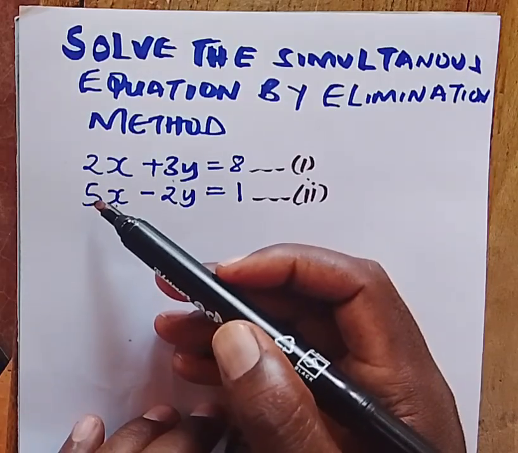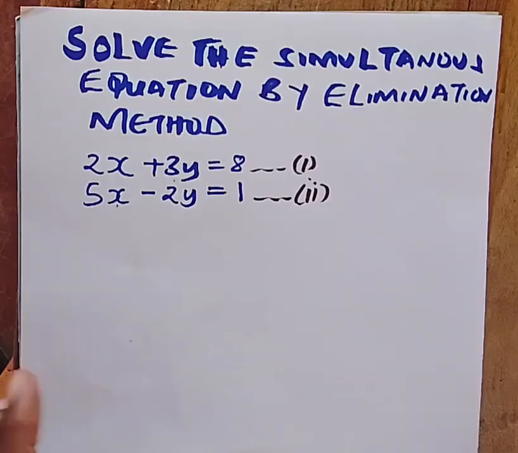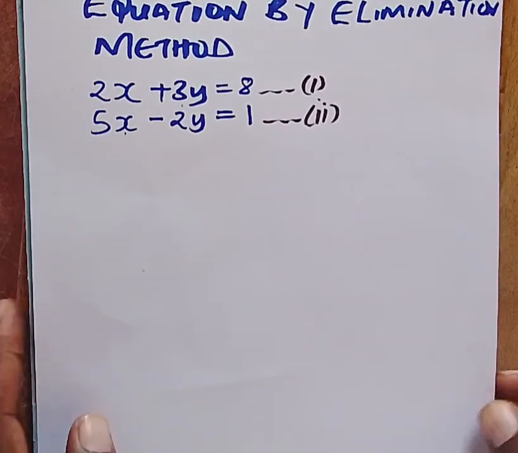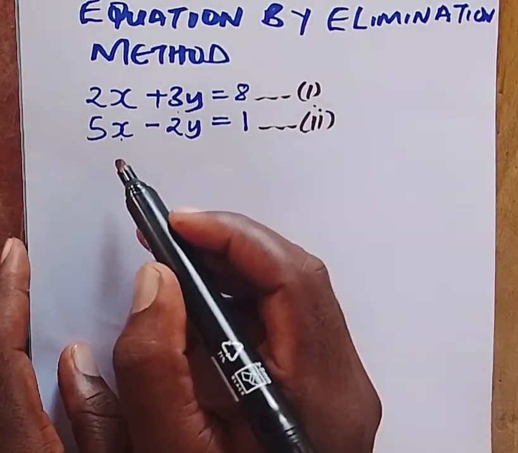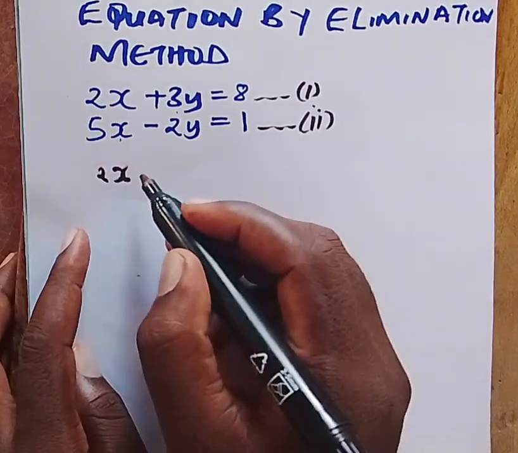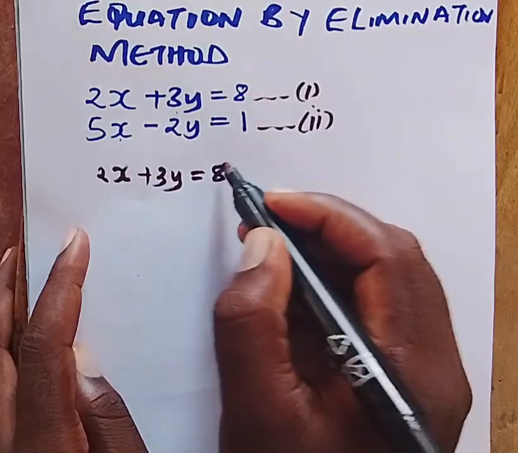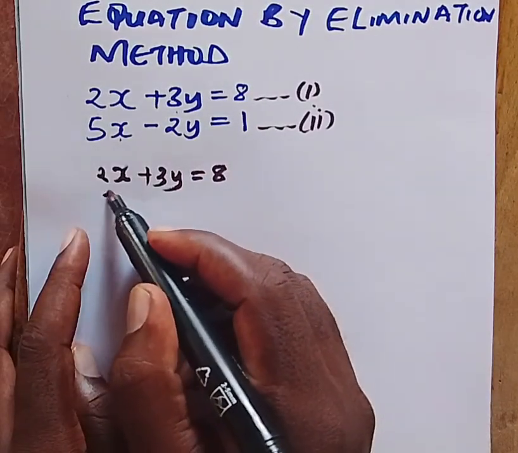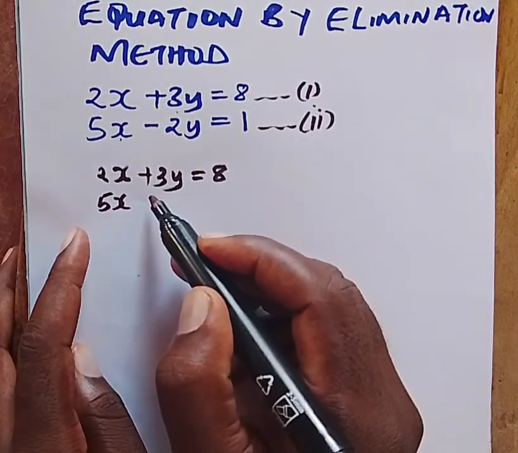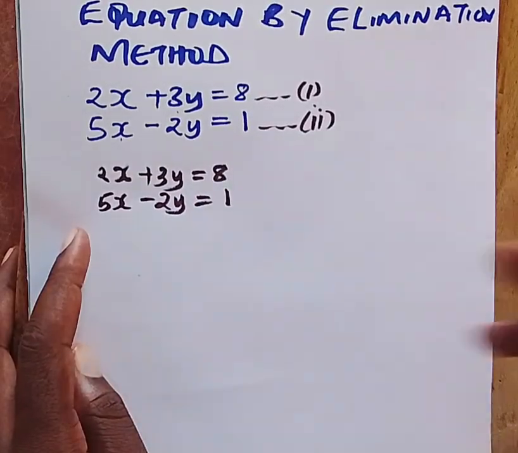We know the LCM of 2 and 5 is 10. So I can rewrite the equations again. Here I have 2x plus 3y is equal to 8, and this is 5x minus 2y is equal to 1.